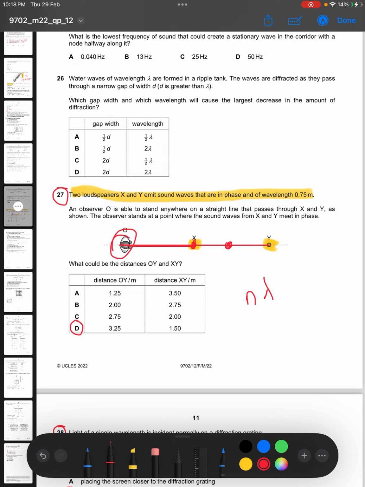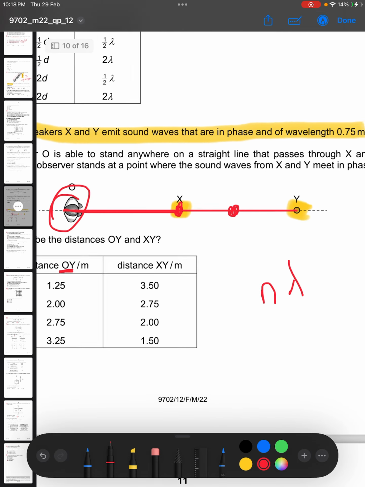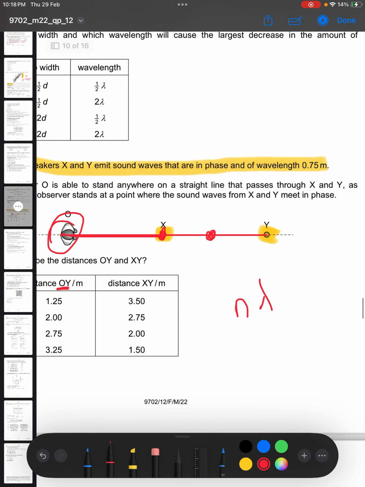the path difference. We want to see the path difference here, and I hope that you'll be very patient to listen to this. So let us start by saying, if the distance from O to Y is 1.25 and the distance from X to Y is 3.50, then our object will be in the center there.